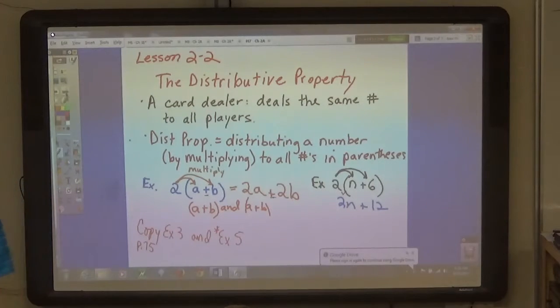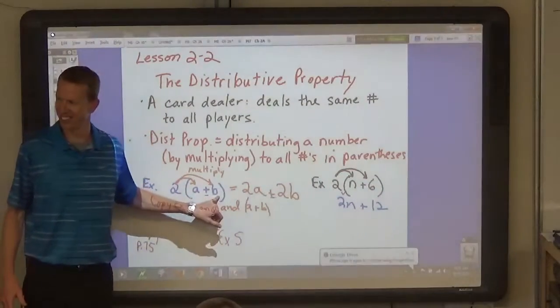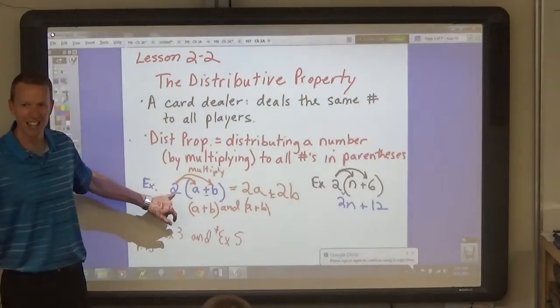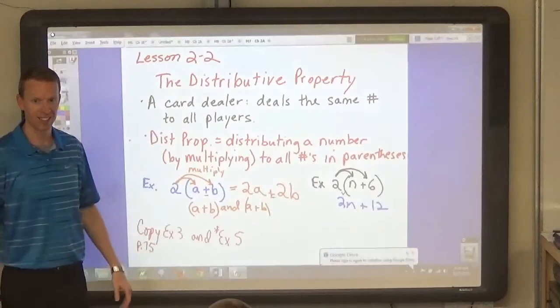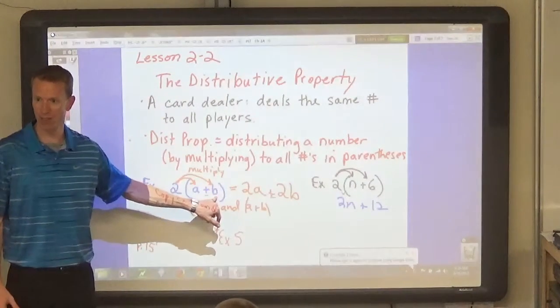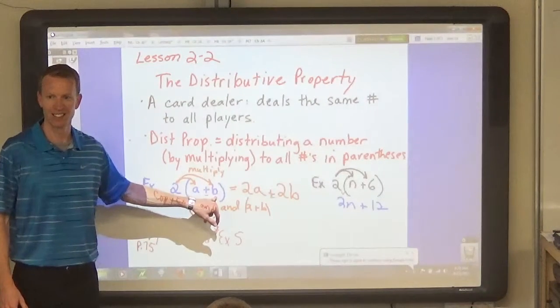Thank you for helping me with this illustration. You have 2 of those things, whatever they are. Okay? And if you don't know what they are, then you just have 2 of them, whatever it is. 2 times whatever that is, 2 of them. Sweet. So puppies times 2.